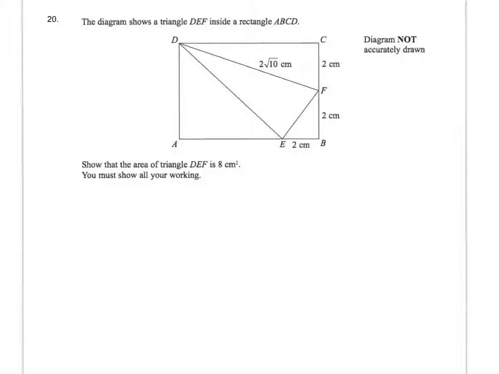So first, I'm going to find the length of DC. I need to make sure that everyone knows what I'm doing. So I'm going to write DC squared plus 2 squared is equal to my hypotenuse squared.